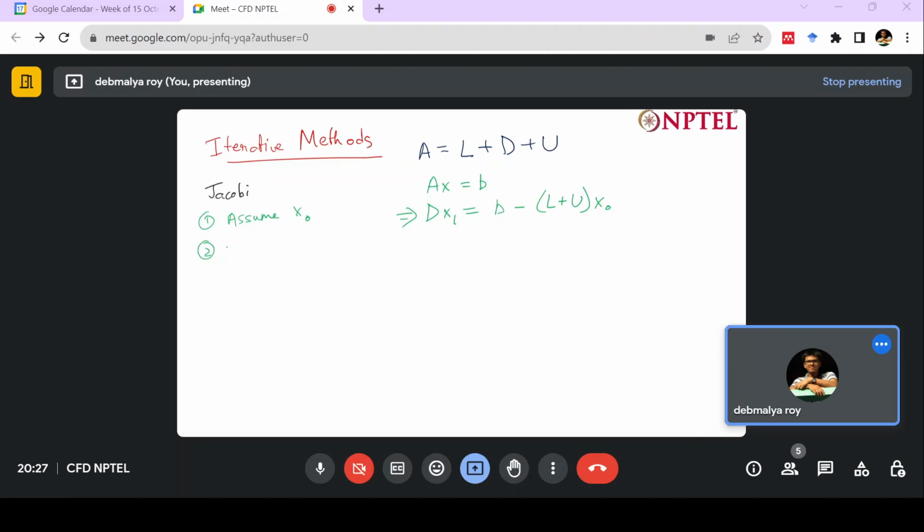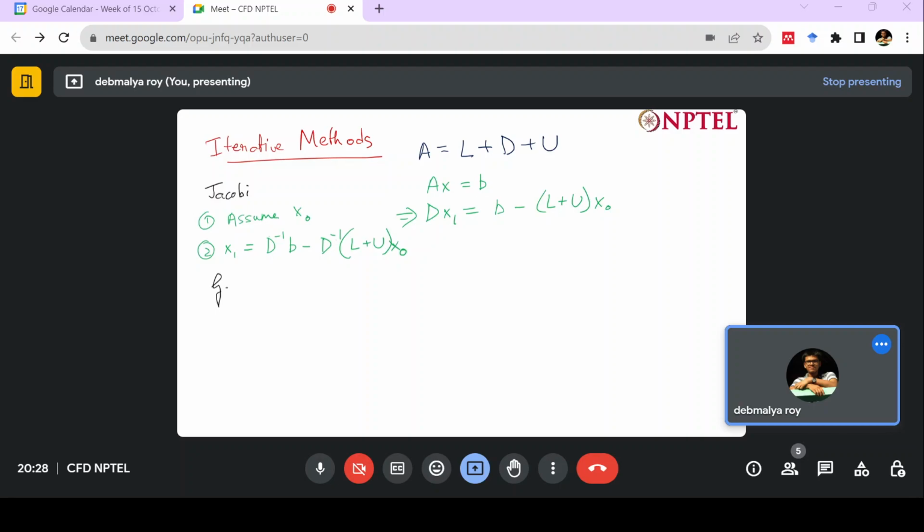So here I have this x1, the next iterate, which is basically D inverse b minus D inverse (L plus U)x. So from here you have a new guess value of x, and then you can iterate. So this is the Jacobi method.